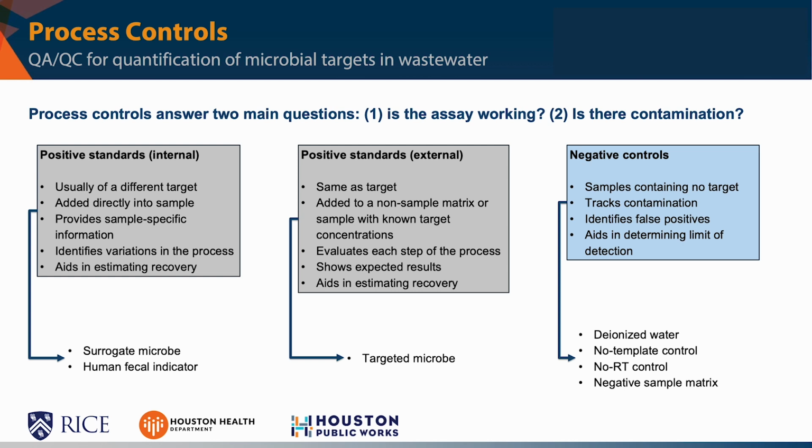Negative controls can also aid in determining the limit of detection. Examples of commonly used negative controls include DI water, a no template control, a no RT control in the case of assessing reverse transcription, and samples containing no detectable concentrations of the target of interest.